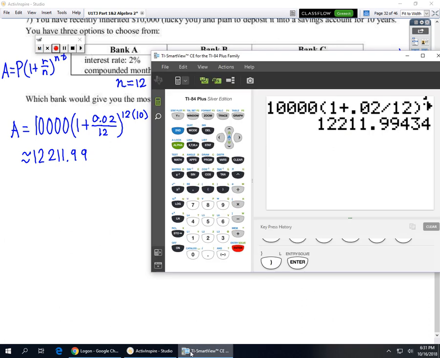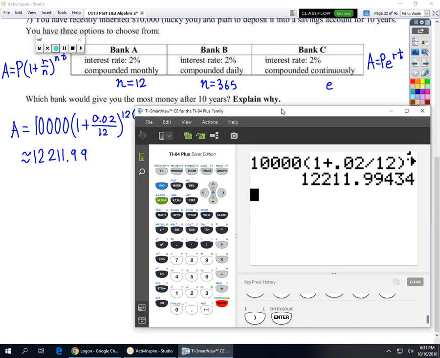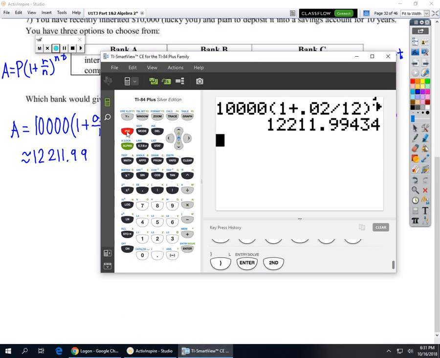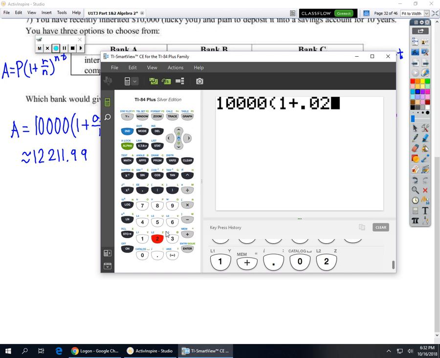We're going to do the same thing with the second bank. So the formula is the same thing, I'm just writing 365 instead of the 12. Actually, this might be a little bit more difficult, so let's erase it and just start from the beginning. 10,000 parentheses 1 plus 0.02. And remember, for a fraction, you're just using the division symbol.